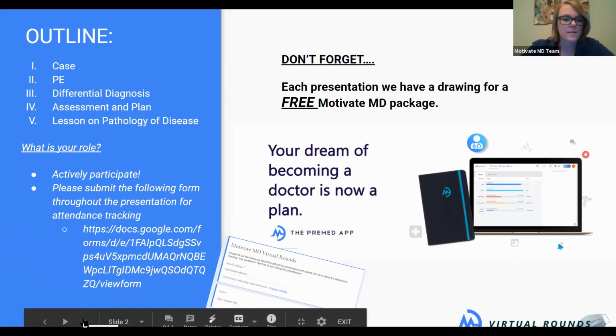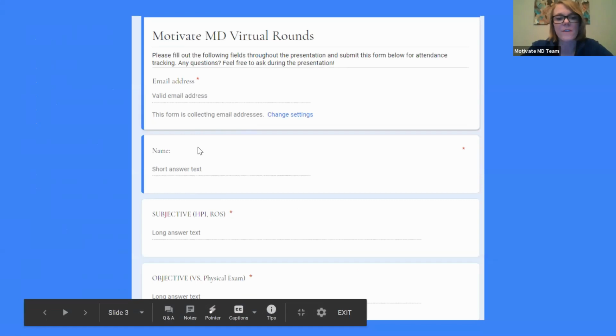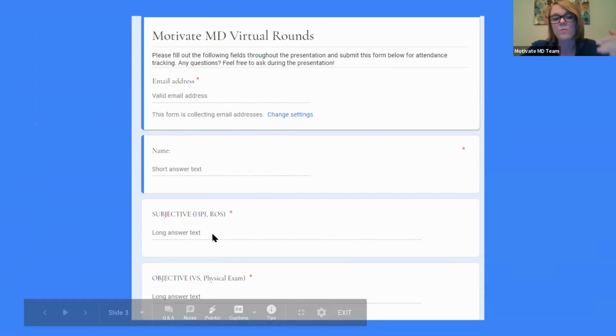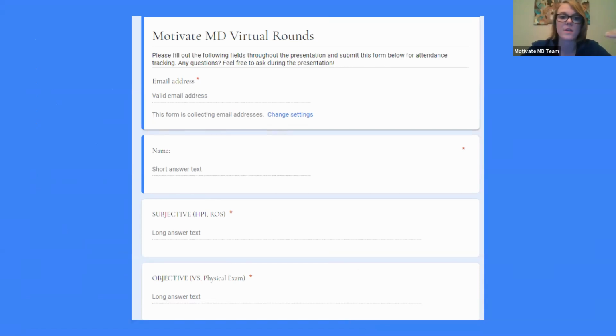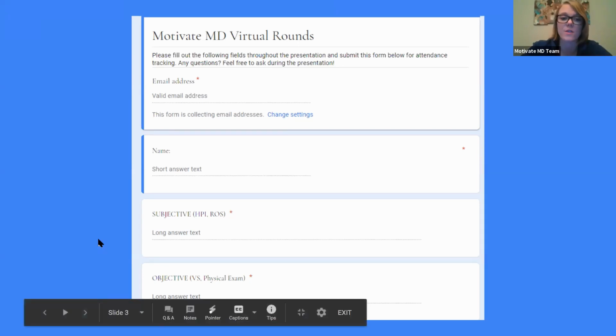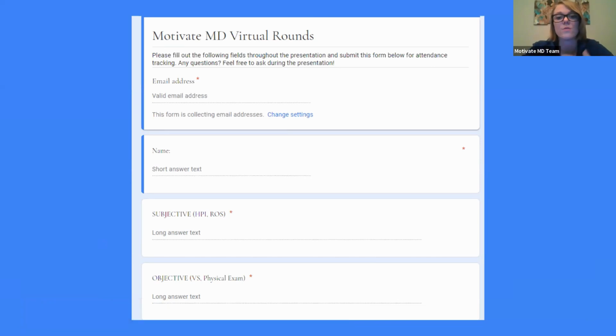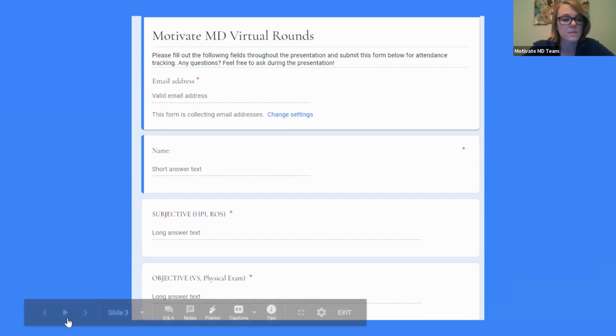All right, here's the form, fairly simple. We'll go through in a SOAP format: subjective, objective, assessment, and plan. All these things should be fairly obvious for you. As you go along these sessions, our goal is that you start to really improve in terms of the information that you see fit, including those items.